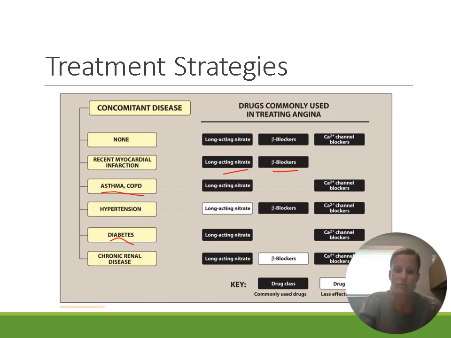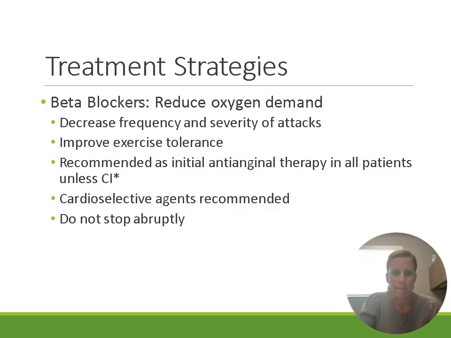But you guys can look through the rest of this. In general, everybody gets nitroglycerin. You start patients with a beta blocker. If that's not working, then you can add a long-acting nitro or a calcium channel blocker. That's typically where most patients are going to end up.